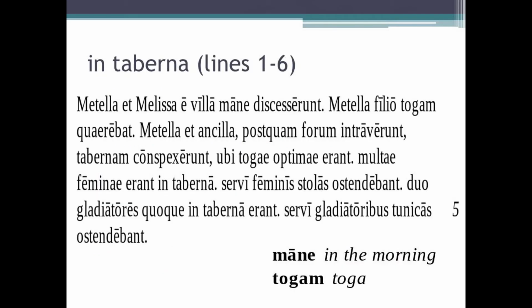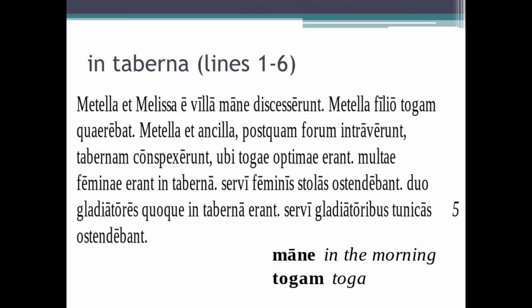You've done really well to make it to this point, but now let's have a look at a passage from the Cambridge Latin course. So I'm only going to look at the first few lines of the story In Taberna. Metella et Melissa e villa mane discesserunt. Metella and Melissa go out of the house in the morning.